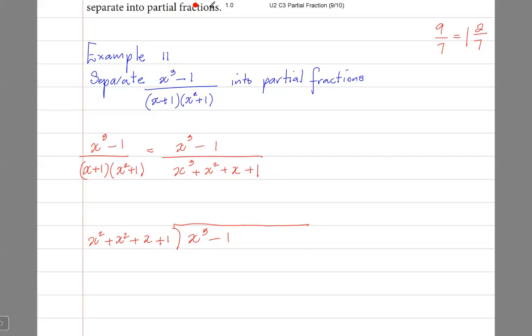What I would say to you is this. This is the definition for a proper fraction or an improper fraction. If the highest power of x in the numerator and the denominator are the same, by definition, it is an improper fraction. Also, if the highest power of x in the numerator is greater than the highest power of x in the denominator, it is an improper fraction.